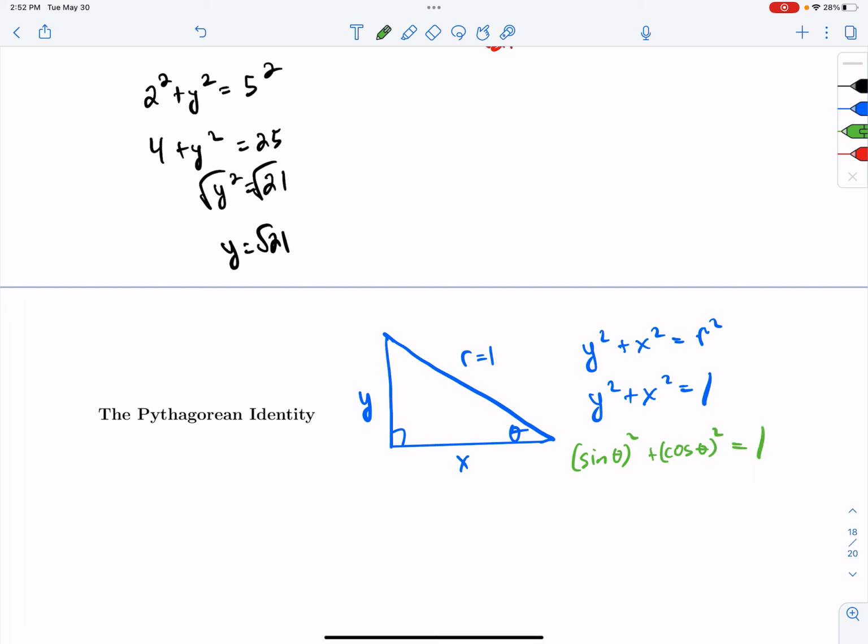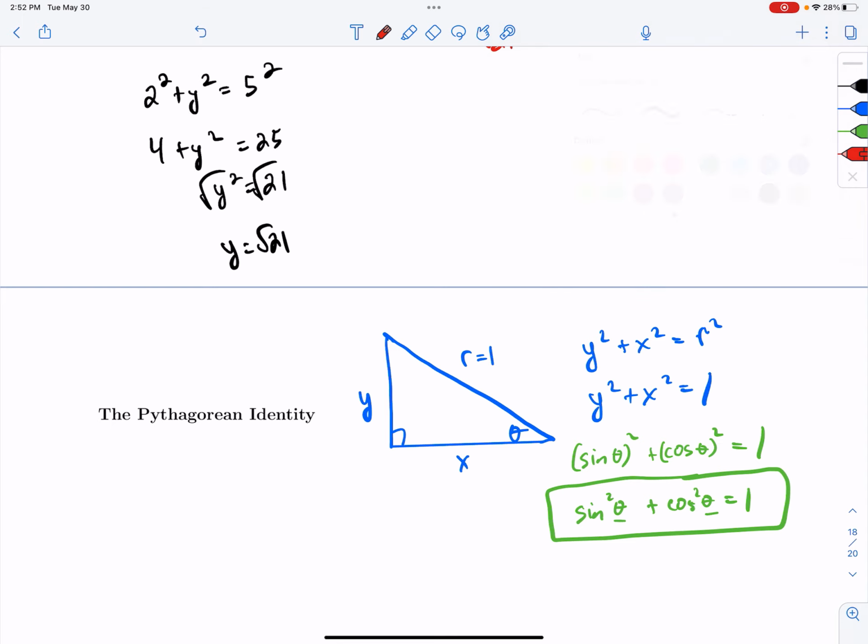So the Pythagorean identity says sine squared of theta, and how we write this, we usually write the squared in between the sine and the theta, like this, plus cosine squared of theta is equal to 1. So this is the Pythagorean identity, and again, this is quite useful. Anytime we have sine squared plus cosine squared with the same angle, in this case both theta, that will be equal to 1.